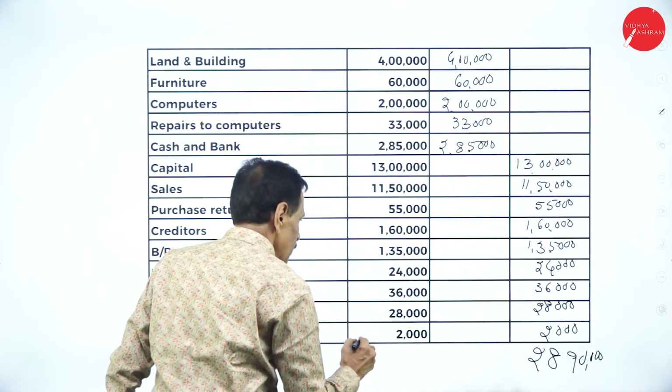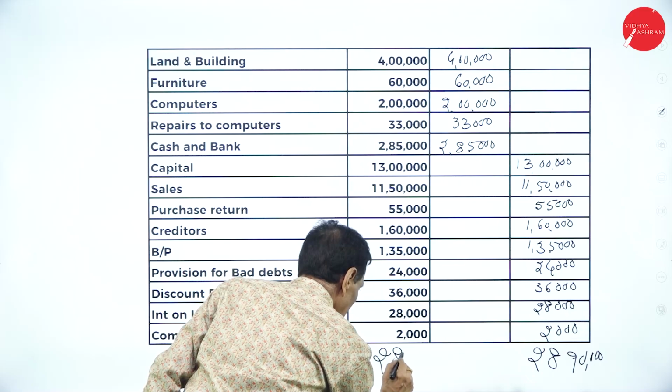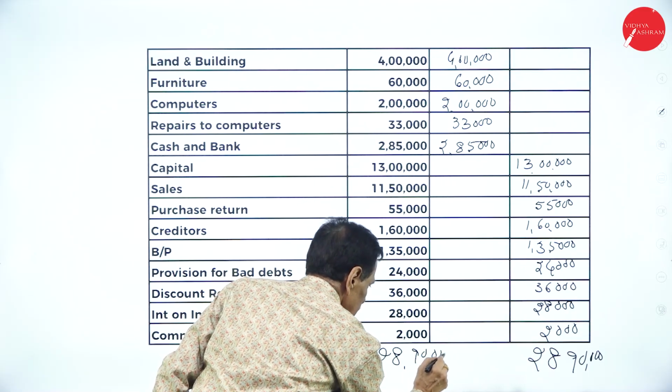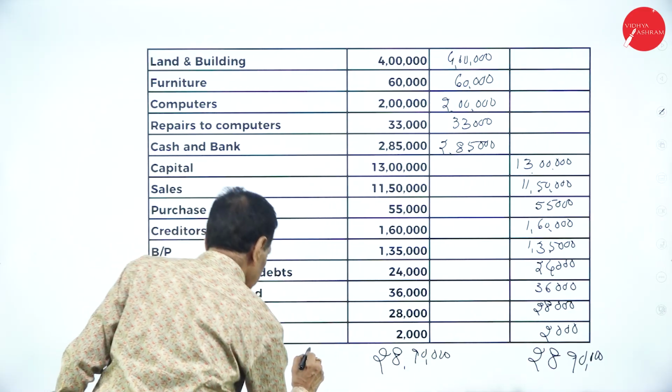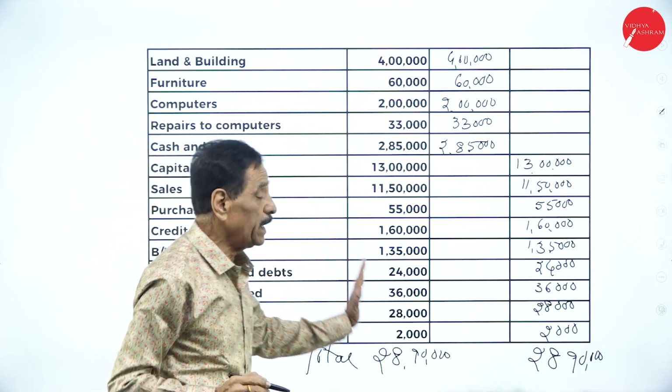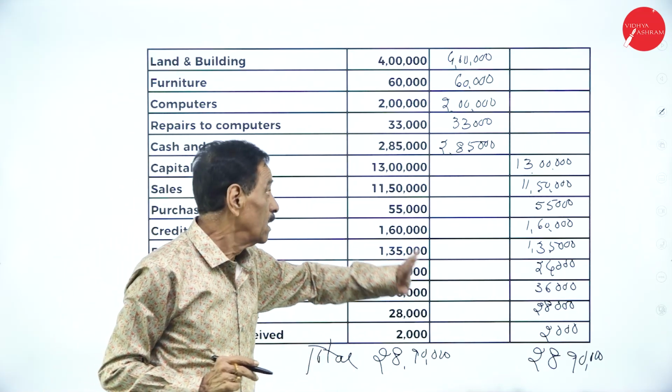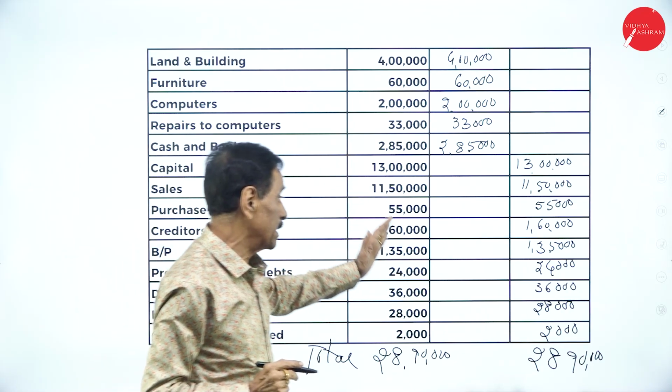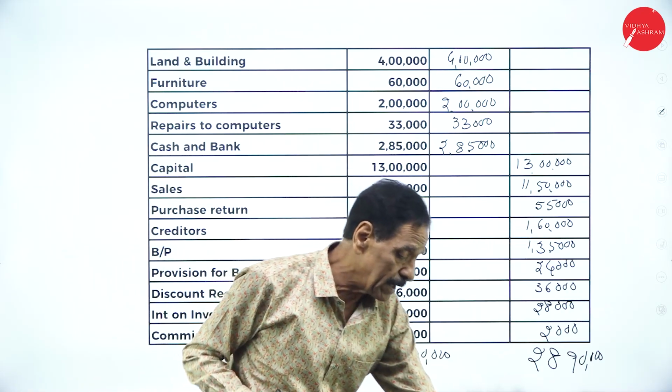It will tally, 28,90,000 total. So debit side should be equal to credit side. All the expenses will come on the debit side. All the income will come on the credit side.